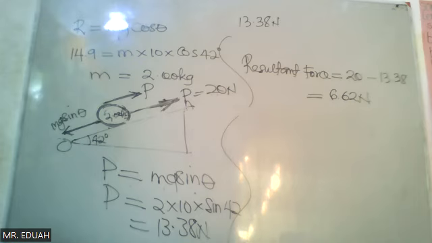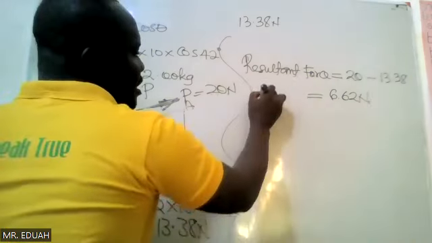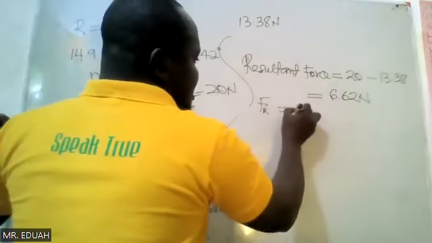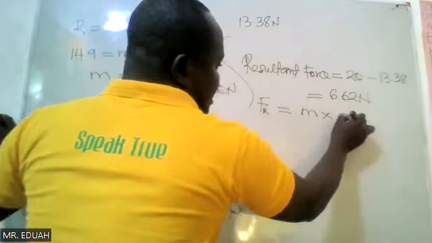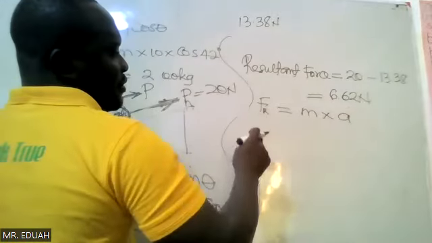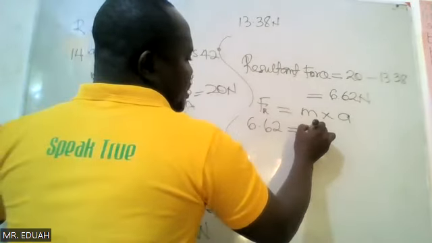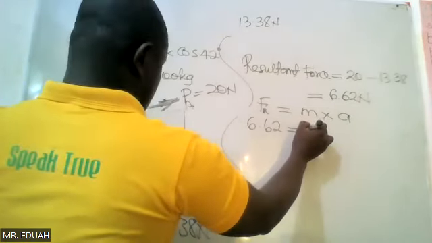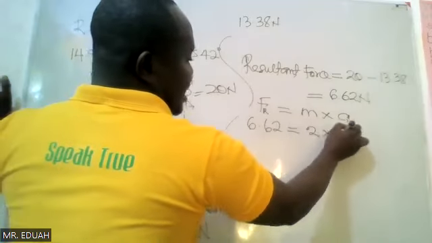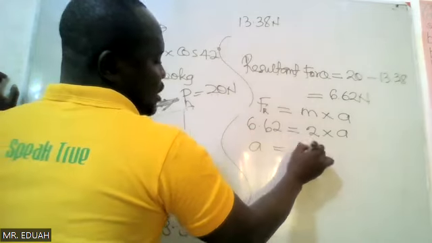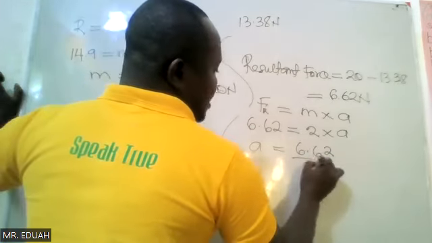Please, I had 3.31 meter per second squared. Exactly. So the resultant force, which is responsible for the acceleration, is equal to mass times A. And what's the value of the resultant force? 6.62. Therefore, the mass is 2 times A. A is therefore equal to 6.62 divided by 2.